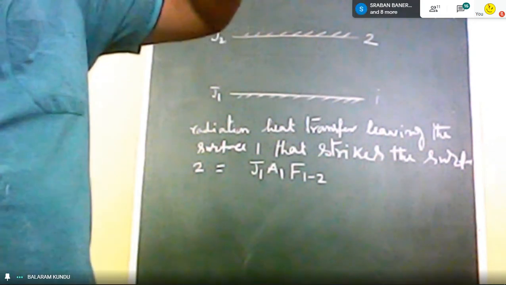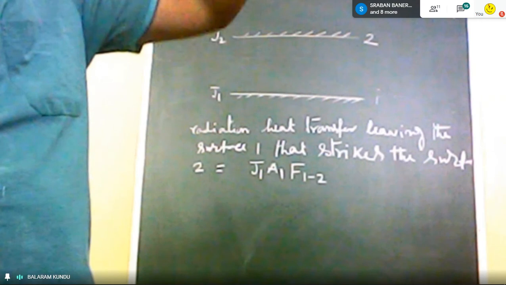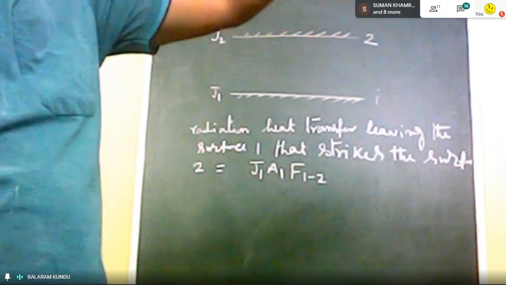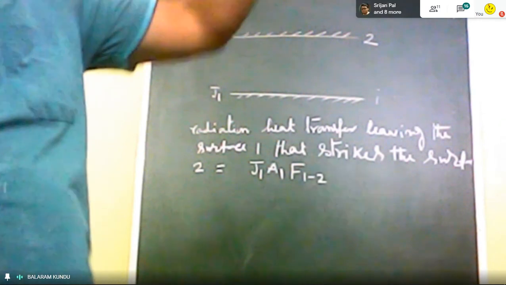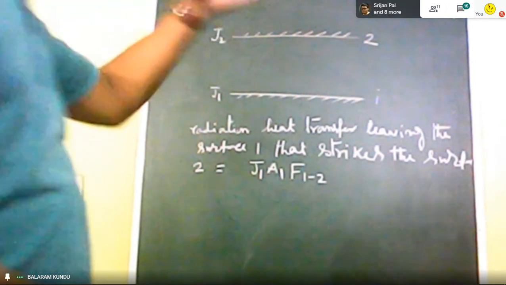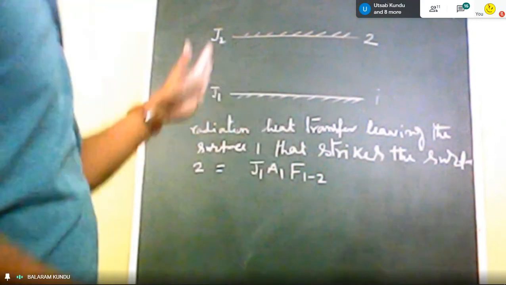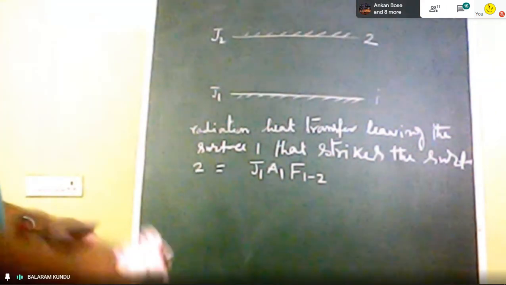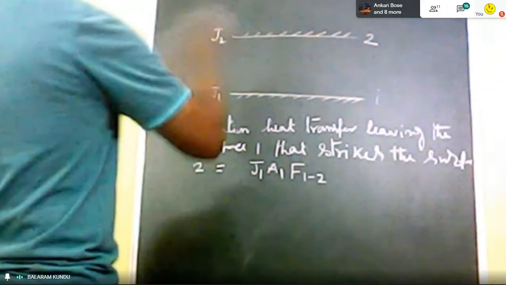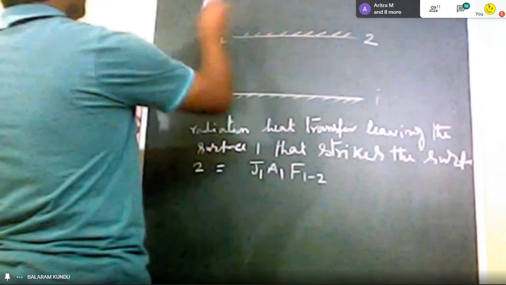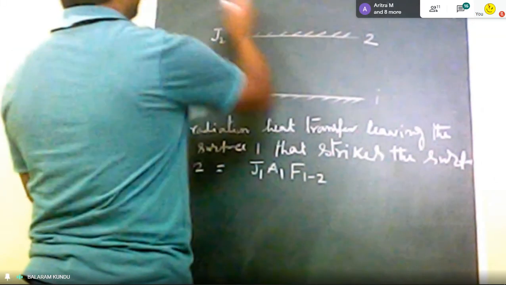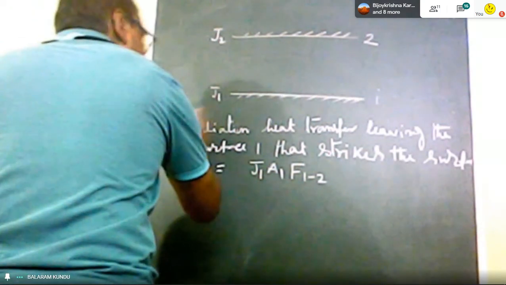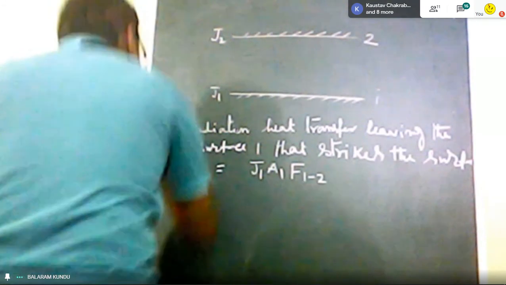Using radiosity, it is possible to express it as J1 A1 F of 1, 2. Similarly, this is the case of surfaces 1 and 2.